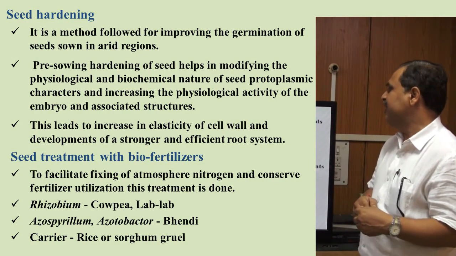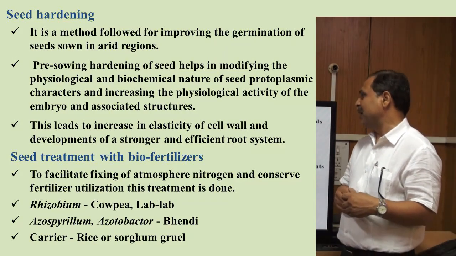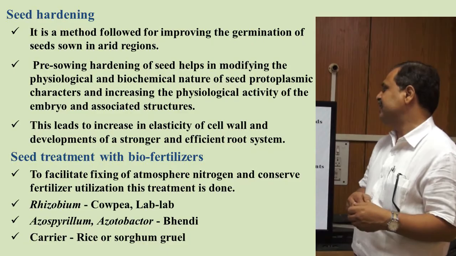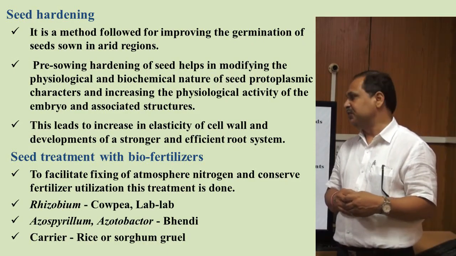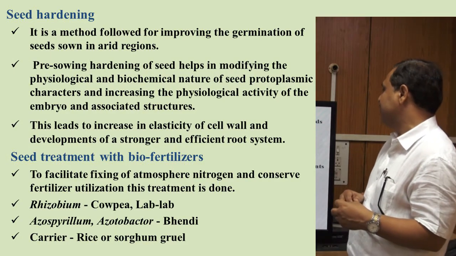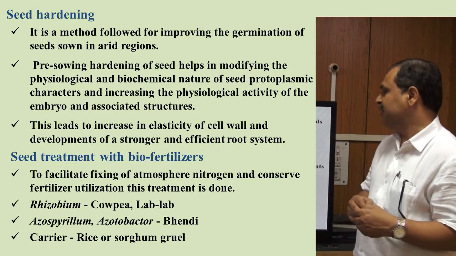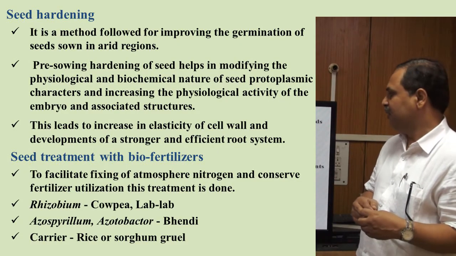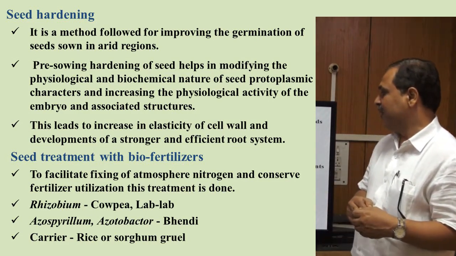It modifies the physiological and biochemical nature of the seed, protoplasmic characters, and increases the physiological activity of the embryo and associated structures of the seeds. This leads to an increase in the elasticity of the cell wall and the development of a stronger and more efficient root system in the seedling stage and later plant growth.